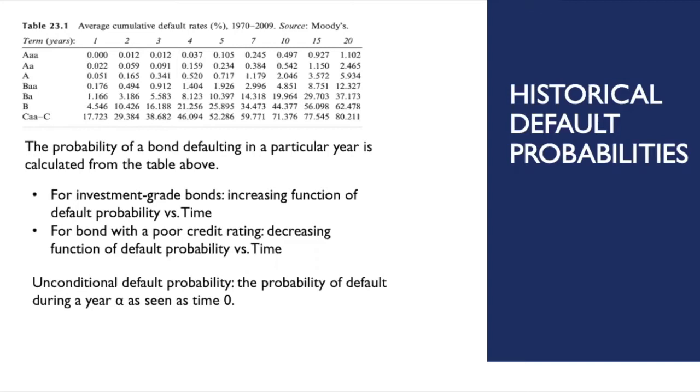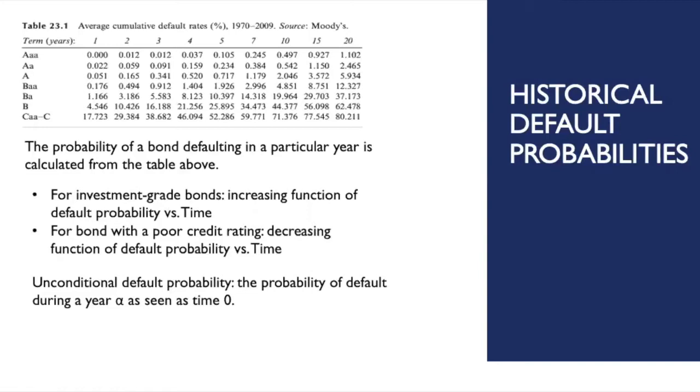For a rating of CAA or below, for example, in a term of 3 years, we can show that the unconditional default probability, that is the probability of default during a year, in this case year 3, is going to be 38.68 minus 29.38, and that is going to be 9.29%.